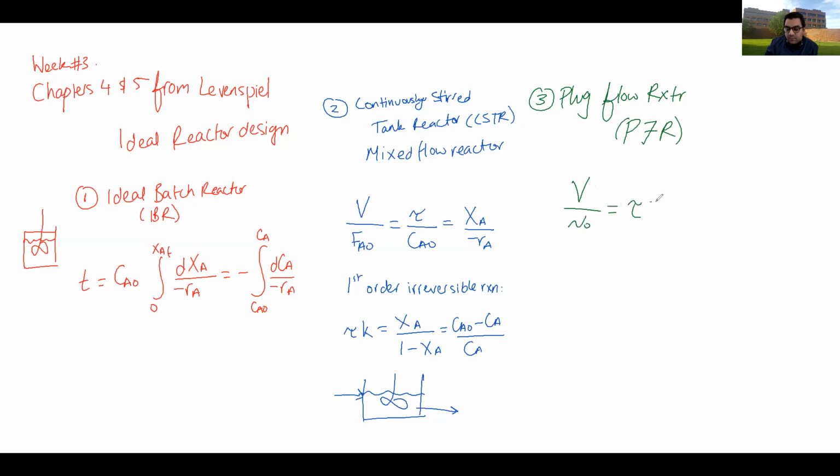This is equal to tau, and this is equal to CA0 integral 0 to XAF of dXA over minus rA, and this is also equal to minus CA0 integral of dCA over minus rA.